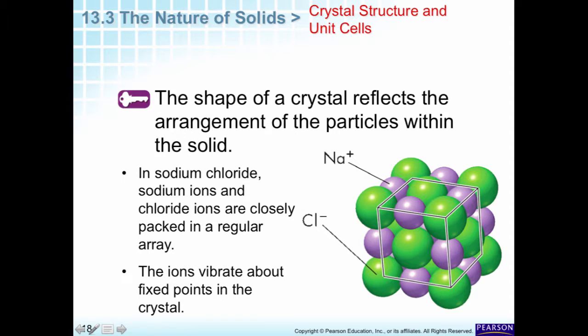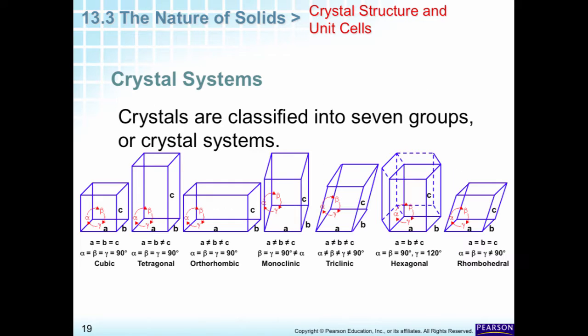All right, so here's a picture of sodium chloride. And we basically can draw a nice cube for sodium chloride. And if you ever looked at salt, if you looked at a little particle of salt, you would see a nice square cube. Okay, that is how the sodium chloride is packed together, and they vibrate about a fixed point.